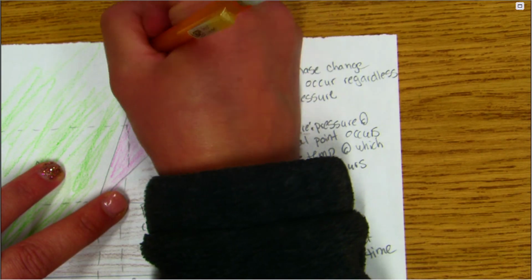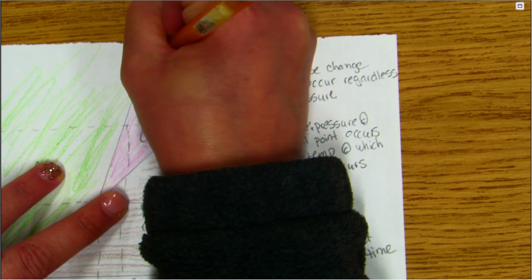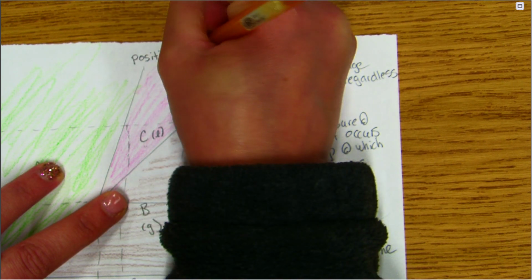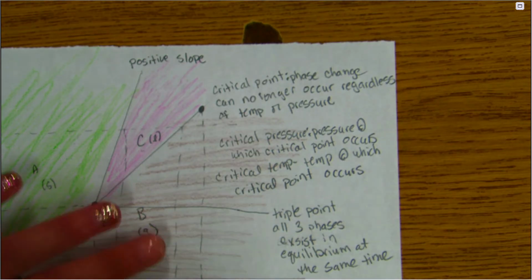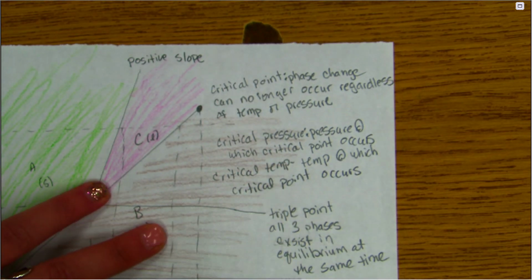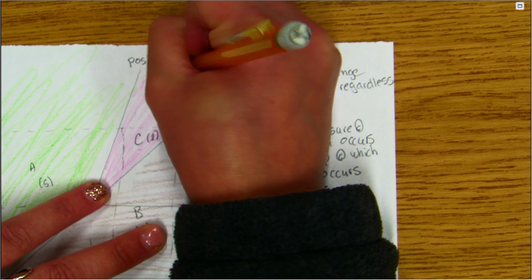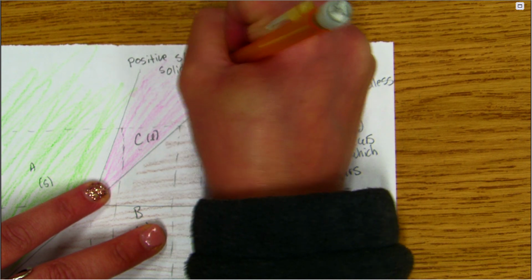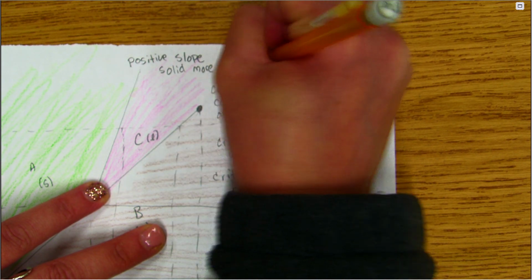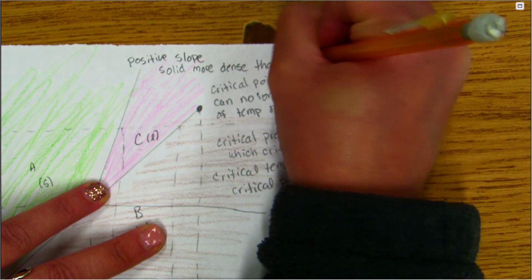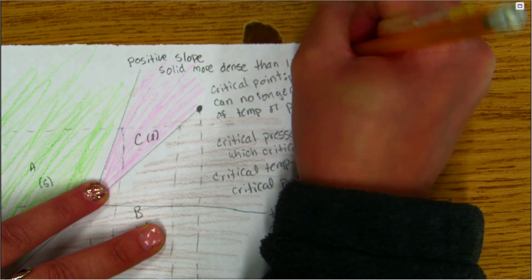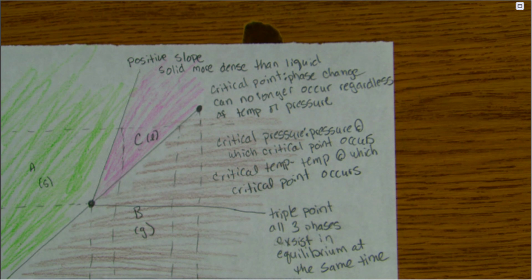So from this positive slope, we can actually tell that the solid is more dense than the liquid. All right, so from the slope of the line, we can determine the density of that solid compared to the density of that liquid.